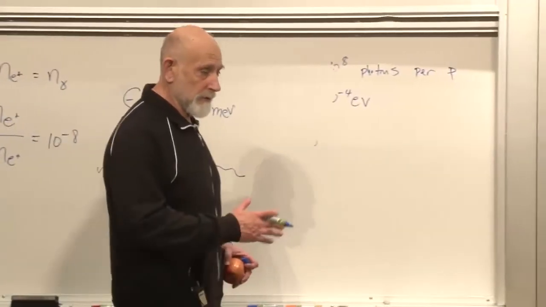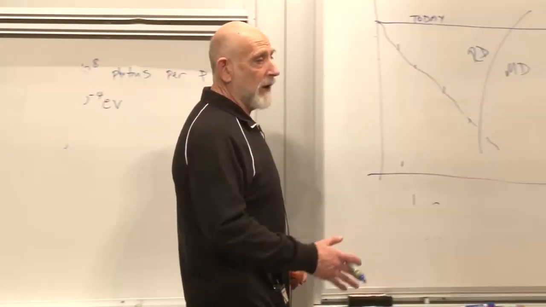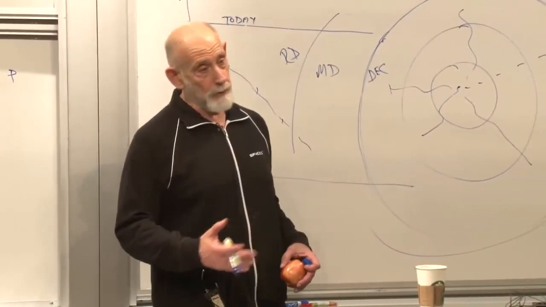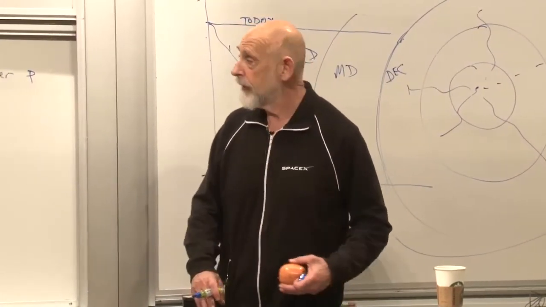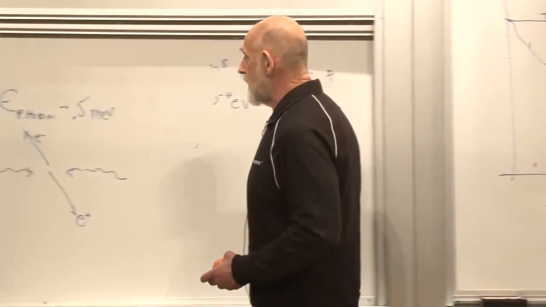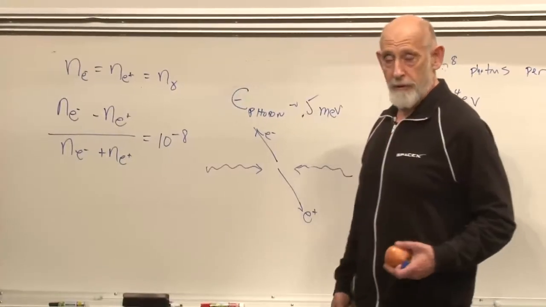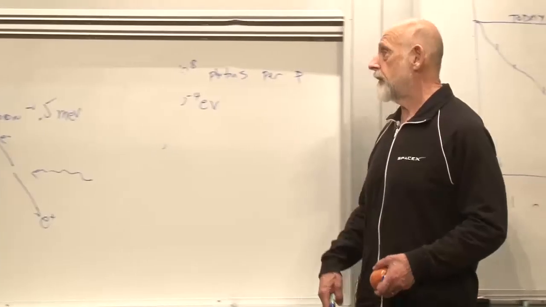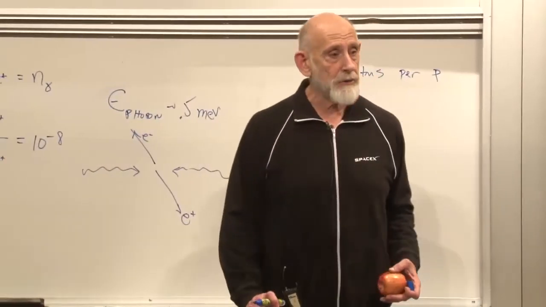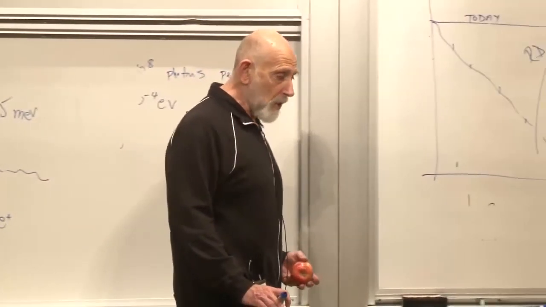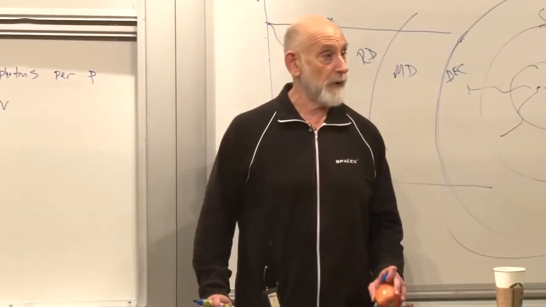There are more quarks today than there are antiquarks, because there are protons and not many antiprotons out there. And so there's an excess of quarks over antiquarks, and an excess of electrons over positrons. And the question is, what is the origin of that excess and why is it so small? What is the theory that accounts for it?